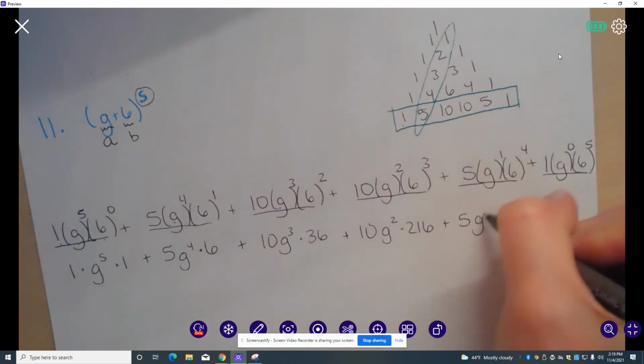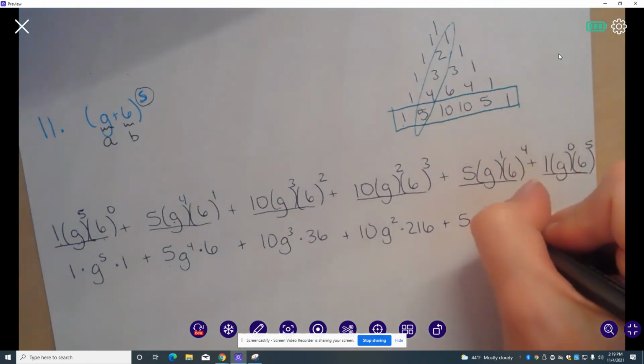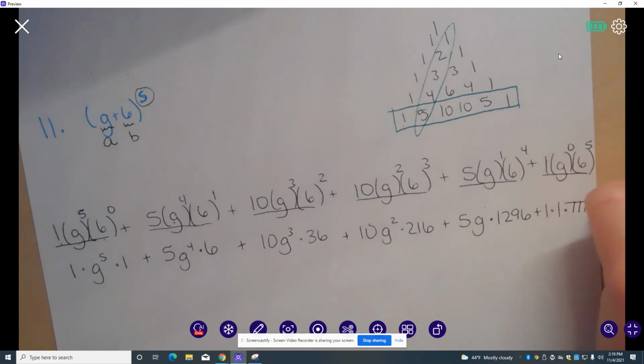G to the 1st power. And then 6 to the 4th power is 1,296. G to the 0 power is 1. And 6 to the 5th power is 7,776.